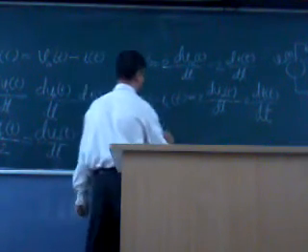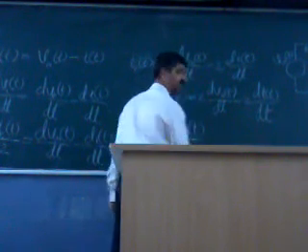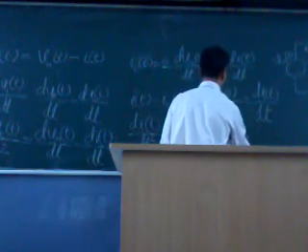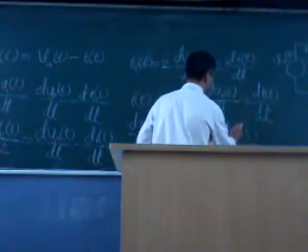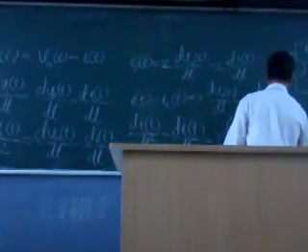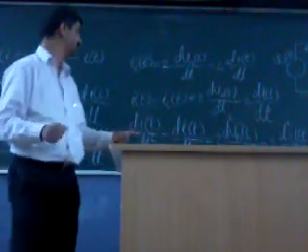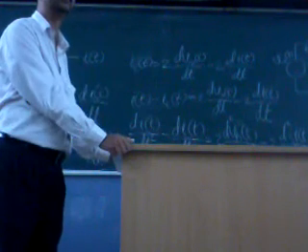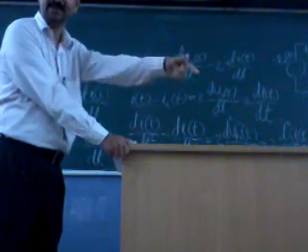And what is dI_L(t) by dt now? dI_L(t) by dt is V1(t), because V_L(t) is equal to L dI by dt and L is 1.